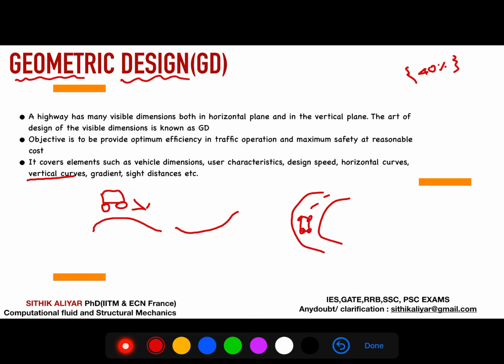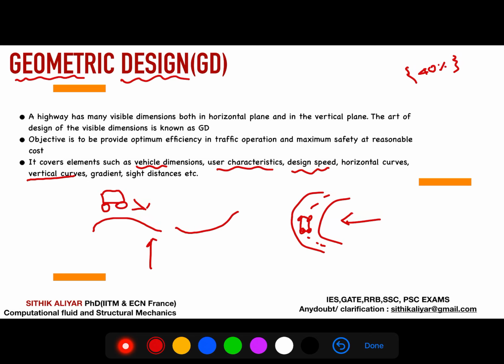How to define vertical curves, how to define horizontal curves, how to maintain the gradient, how to maintain the design speed, and what factors affect vehicle dimension and user characteristics, everything we are going to see in detail. So this is called geometric design.